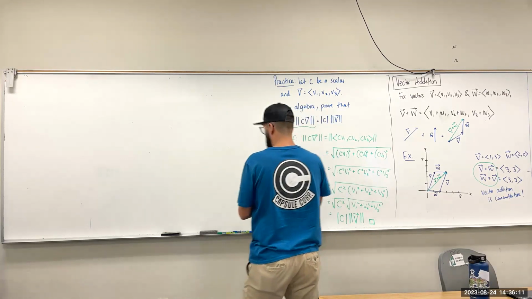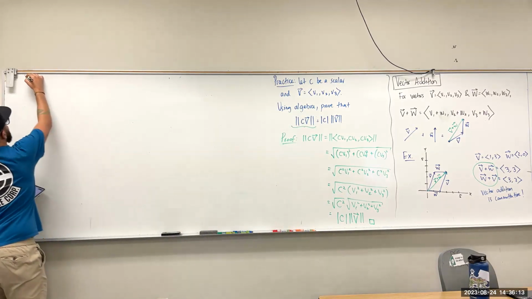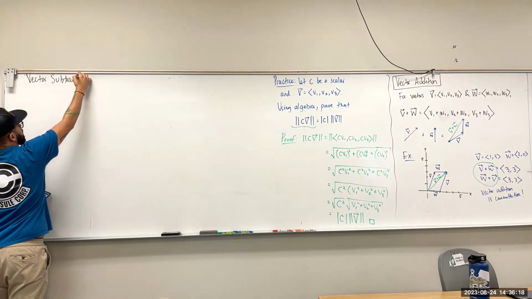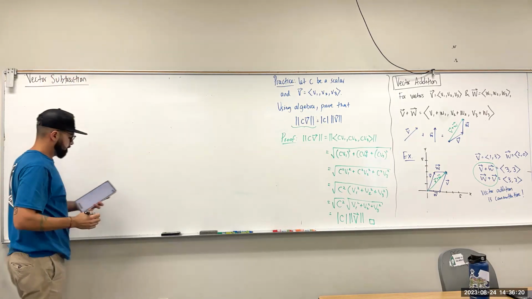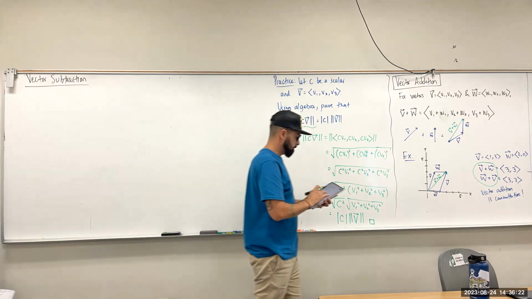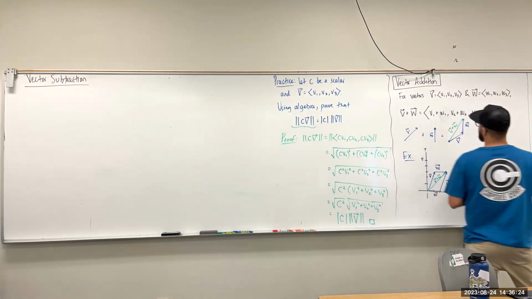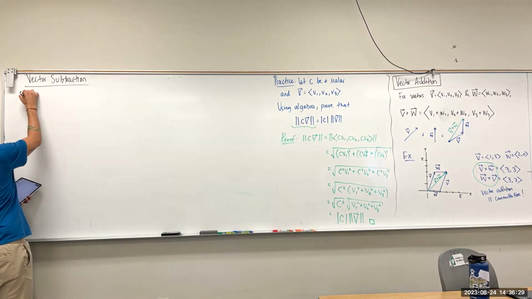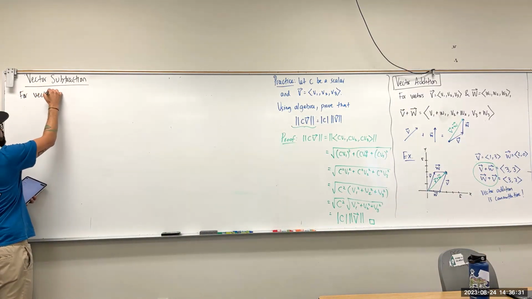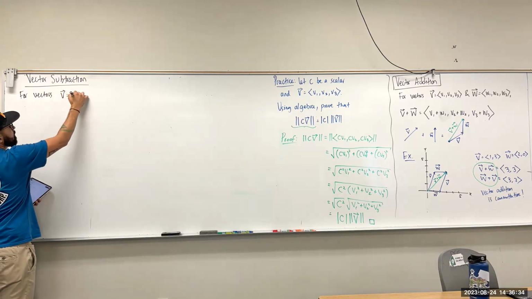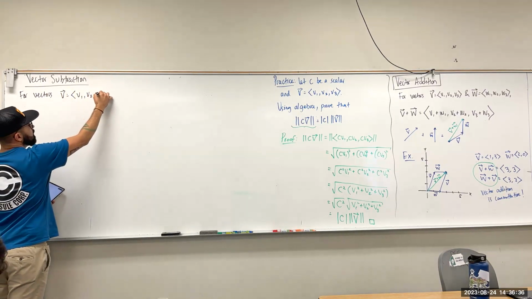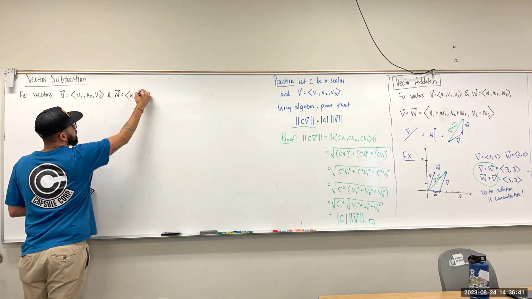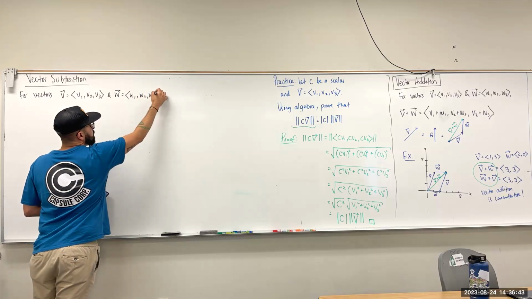All right, the last one we're going to talk about is subtraction. Very similar, but drawing it could sometimes be a little bit more complicated. So again, let's say we start with vectors V and W. So for vector V having components V1, V2, V3, and W, W1, W2, W3.